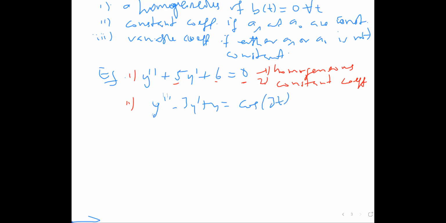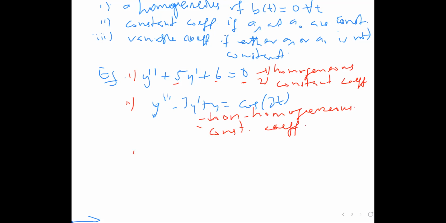So we realize this is non-homogeneous, and also we have constant coefficients.